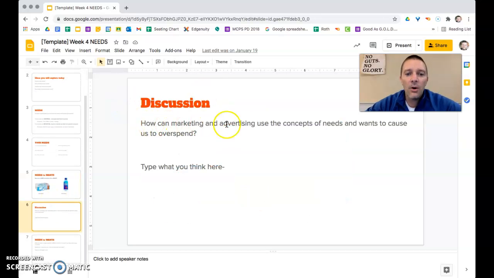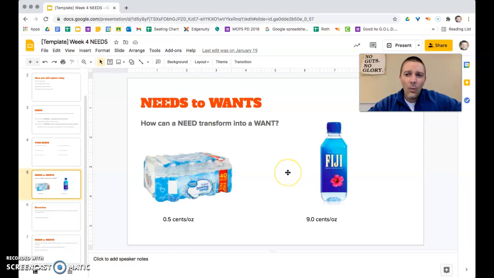So it says, how can marketing and advertising use concepts of needs and wants to cause us to overspend? So I want you to think about this water bottle example. Why would anybody pay 9 cents per ounce, right? How does the Fiji company convince people to buy water at this price when we could get it at this price? Not saying that it's wrong or right, but why are people willing to overspend or spend a lot on this need when they can get it for so cheap?